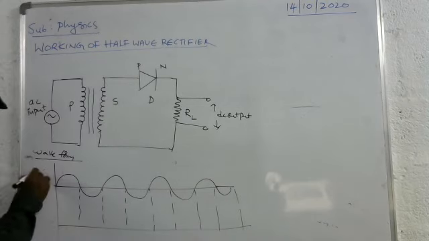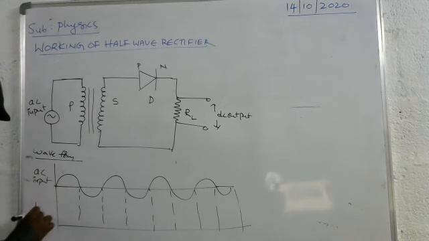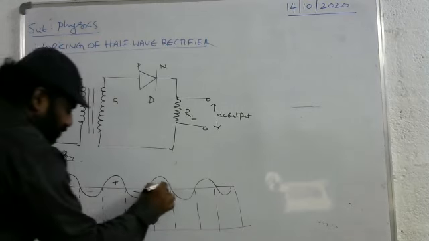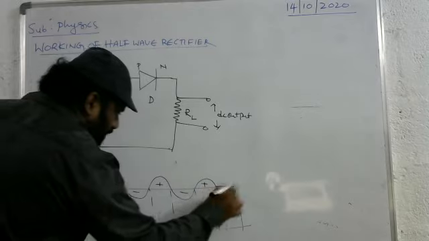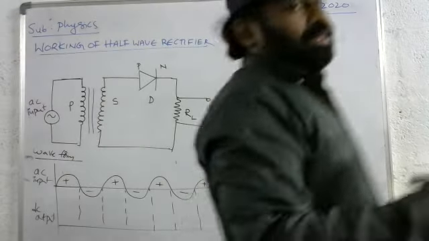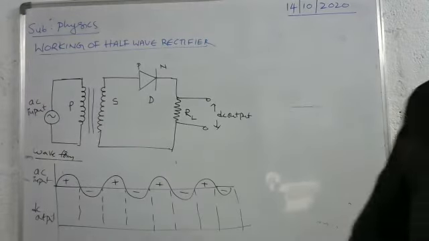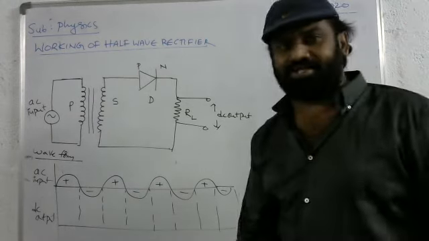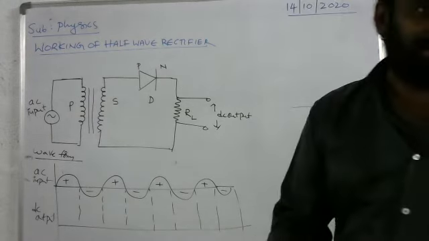This is an AC input and this is a DC output. Positive half cycle, negative half cycle. Let us see what happens here, how the diode rectifies the AC into DC.